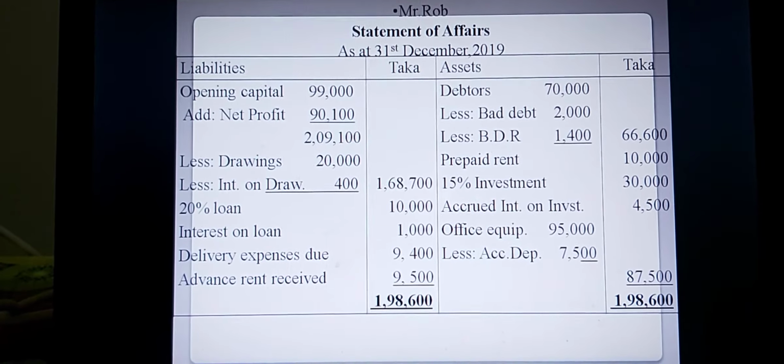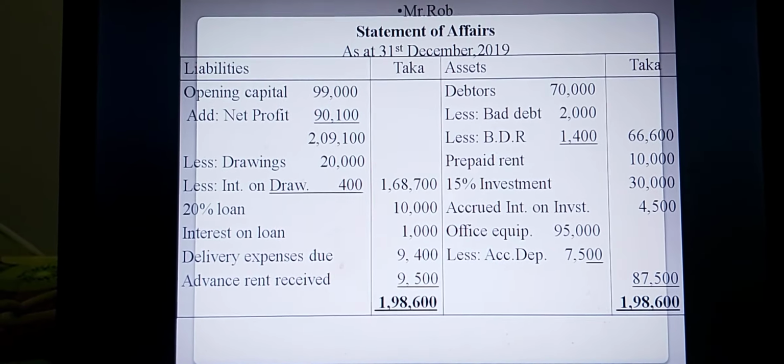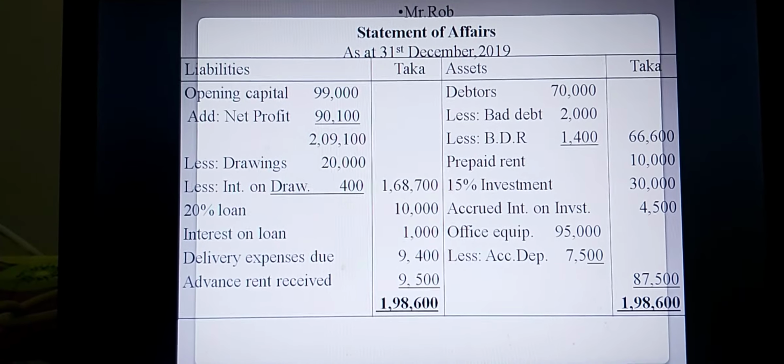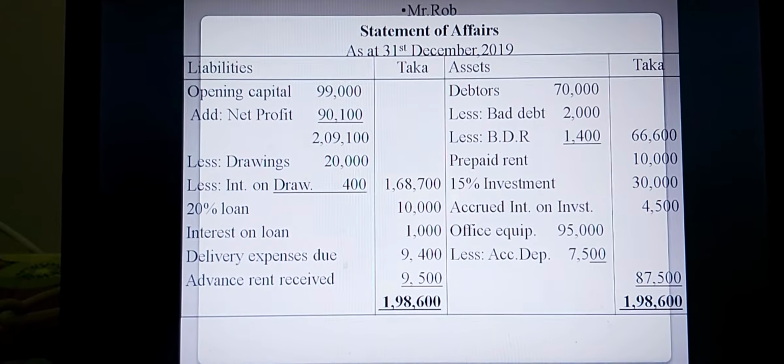Now this is the net amount of capital, 1,68,700, to be shown in the amount column.